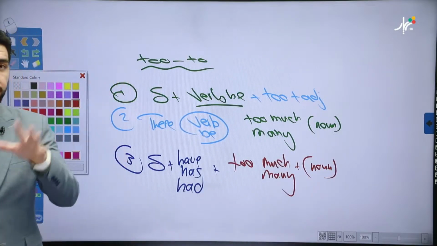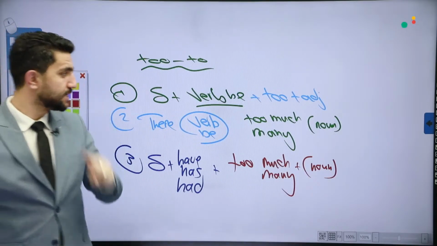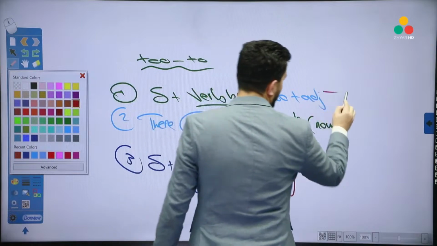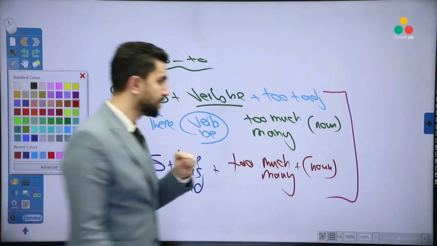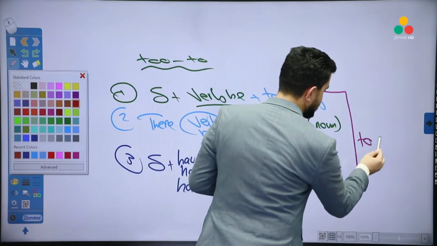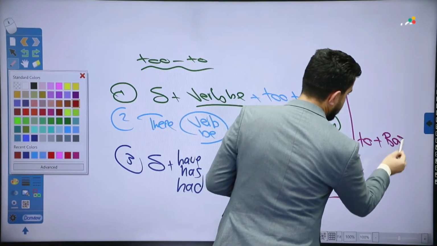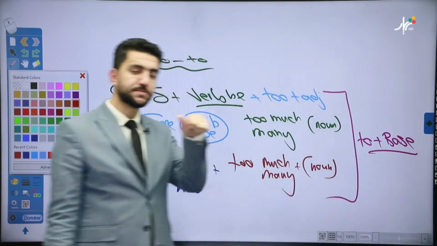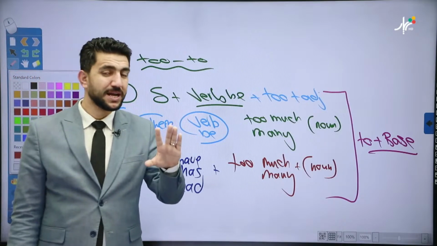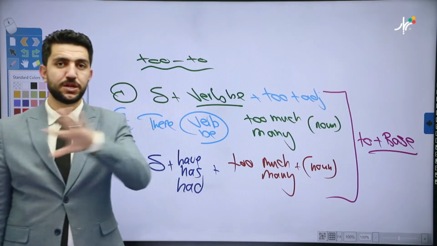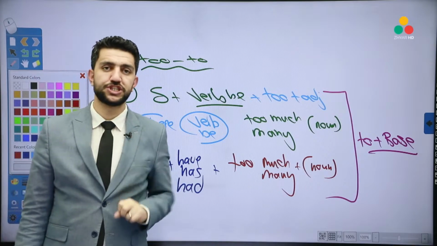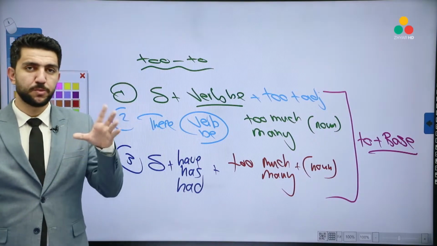You know why I wrote all of them again? The reason is, be careful. They're all followed by to base. If it's not to base, it would be wrong, okay? What do you mean by base? Let's see if you remember, because in the previous lesson we talked about this. Base is no ed, no ing, no s, no past.